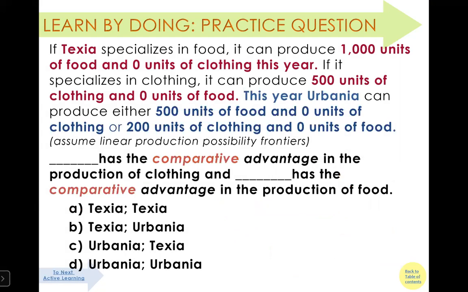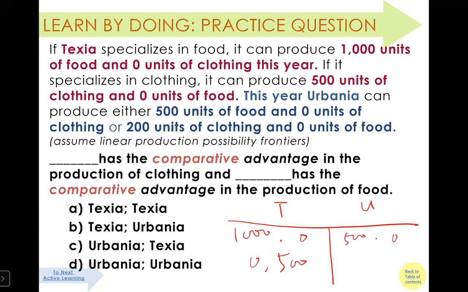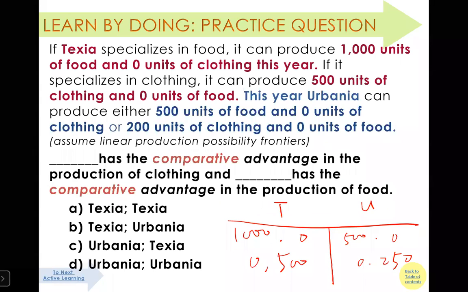Now let's look at the next one. Unfortunately, we have to rewrite what we just erased. So 1,000 versus 0 and 0 versus 500, and here is 500 versus 0 and 0 versus 250. This question asks who has comparative advantage in the production of clothing.